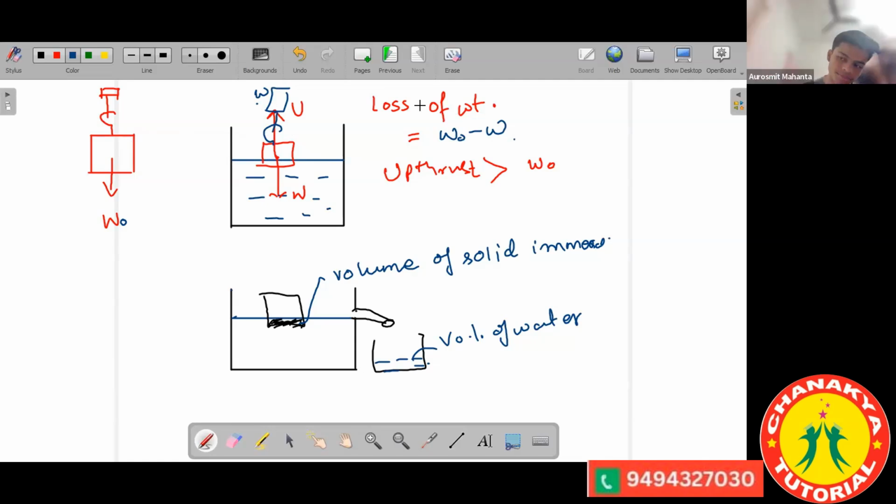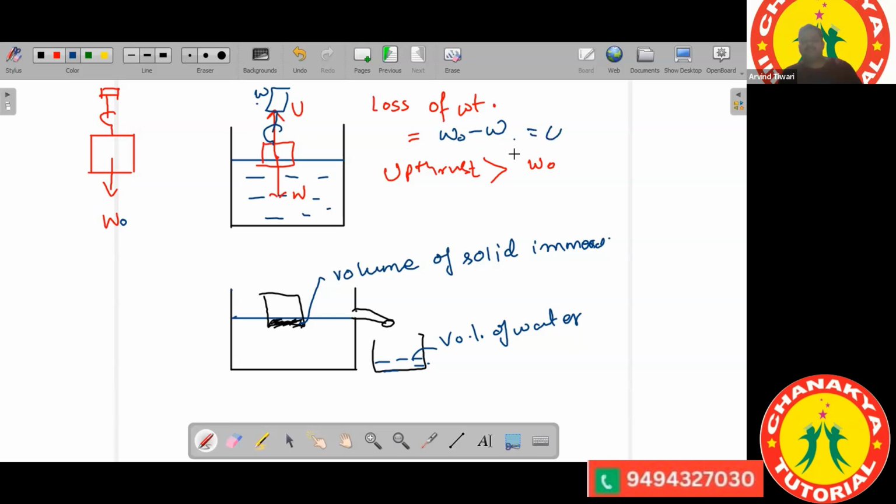Yes, sir. Okay. So its loss of weight is equal to W naught minus W. And why is it also equal to up thrust? As we experience here, the up thrust is acting in the upward direction. It is the up thrust which causes the loss of weight. So the loss in weight of the object is also equal to the up thrust.